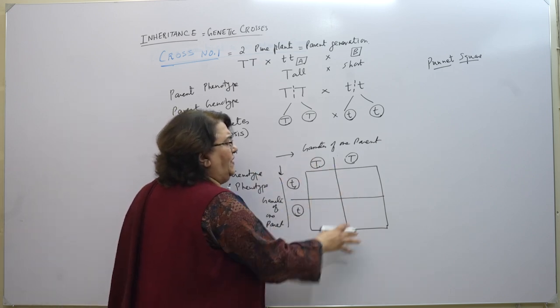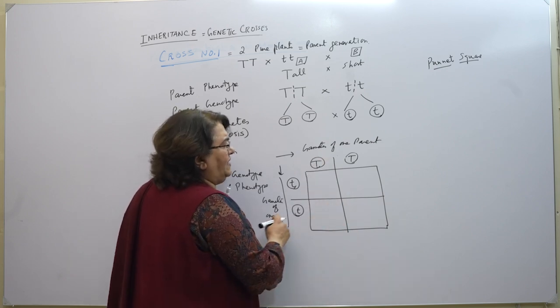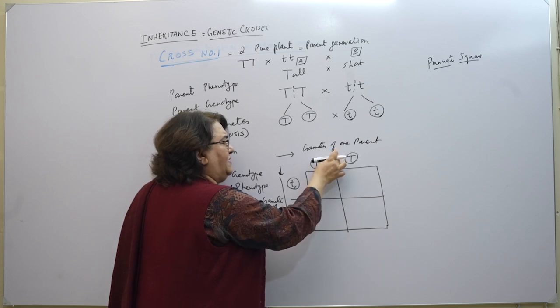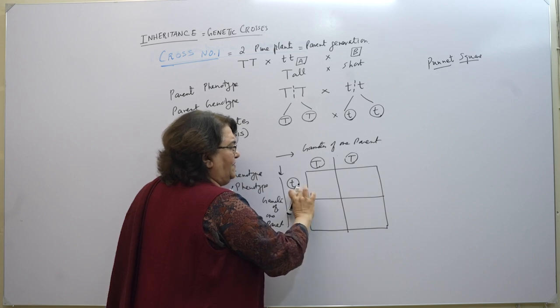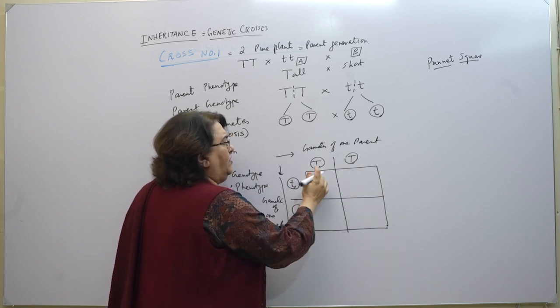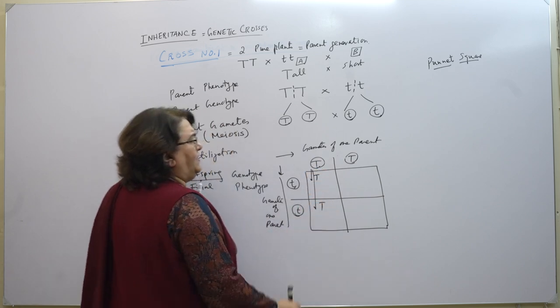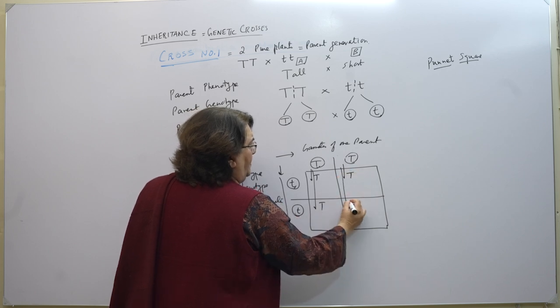Now, how do you fill in the Punnett square? This is very easy to understand, and it becomes very, very clear. So write down the capital. These letters will have to come in each of the boxes like this, and these have to come in each of the boxes like this. For example, capital T, I'll write it down here, as well as here. And then this one also here and all the way here.